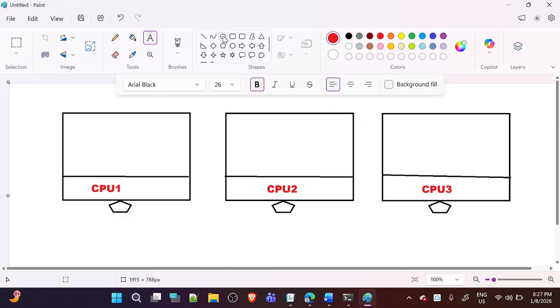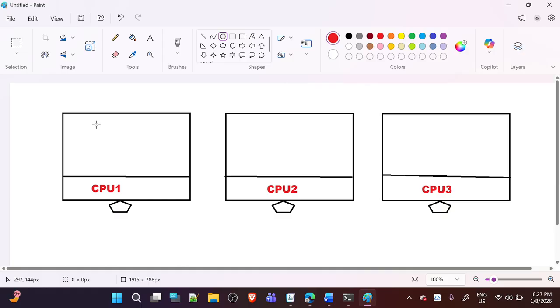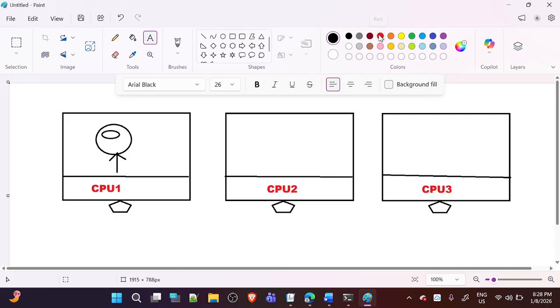For example, if there is a person, and this person has his own brain, and his brain understands only English language.